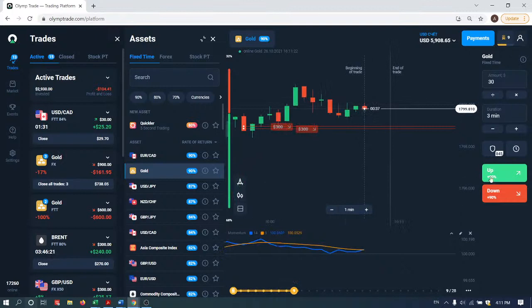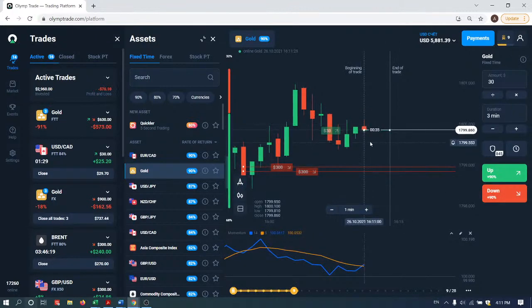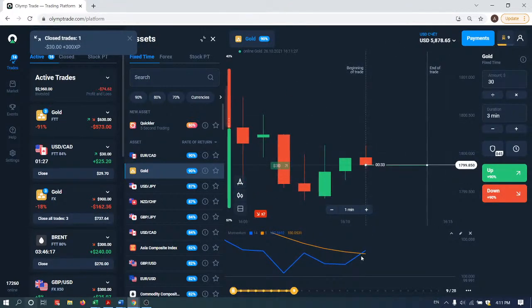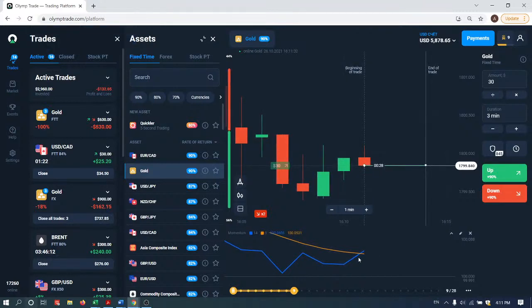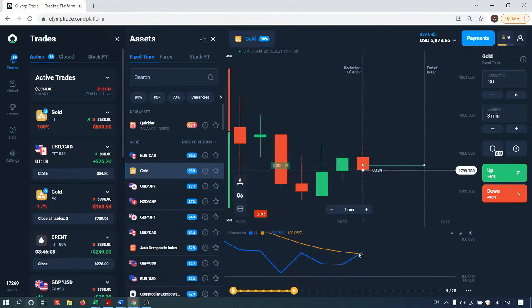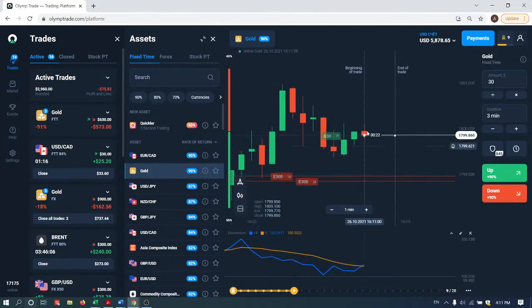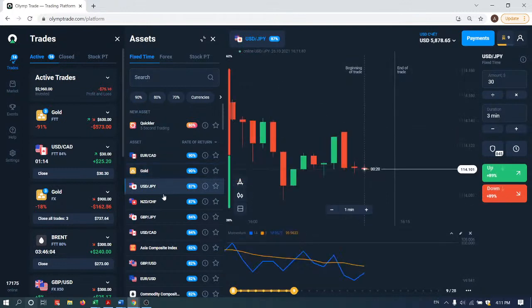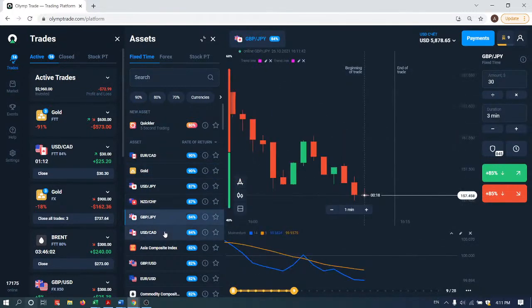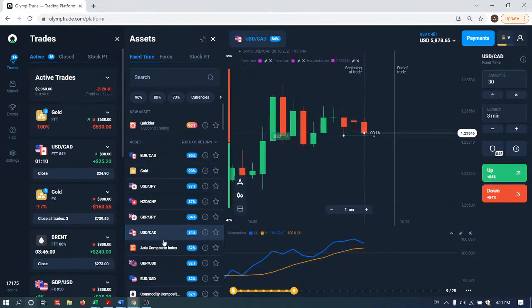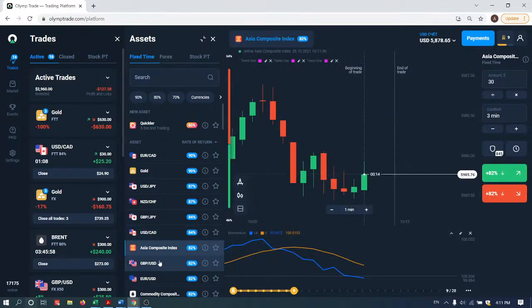All right, and a beautiful signal on gold for an upwards trade, because the blue line has just crossed the orange line. So basically it crosses right now, and that's the moment when you want to open a trade in the upwards direction. So you can see that there are quite many signals currently, which is always nice.